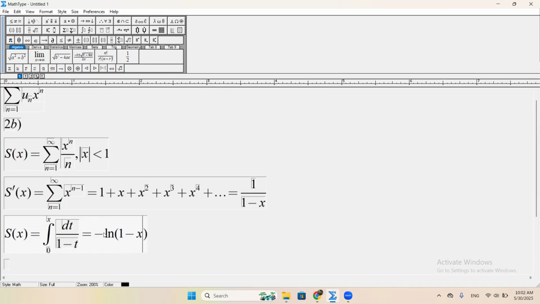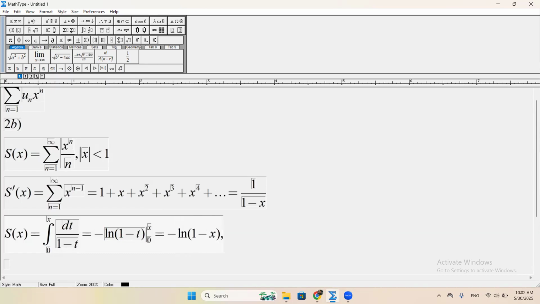Why don't I write the modulus? Because the modulus of x is less than 1, so the argument of the logarithm is always positive. If I substitute x, I will receive minus logarithm of 1 minus x, and if I substitute 0, I receive 0. So it will be minus logarithm of 1 minus x.